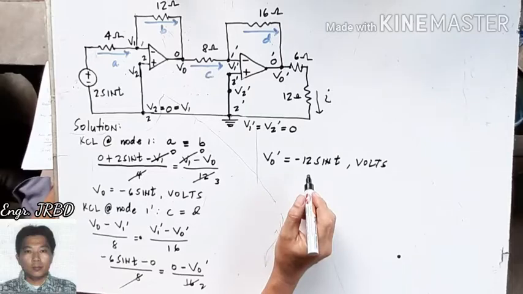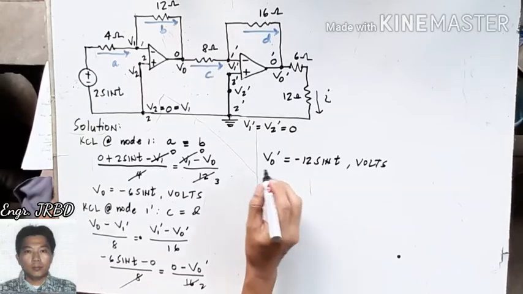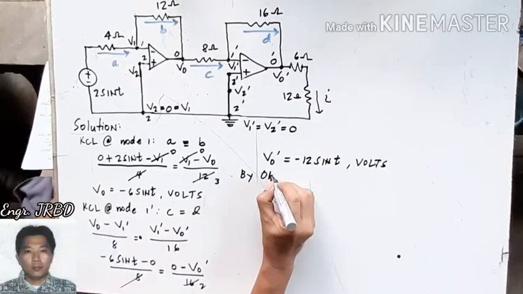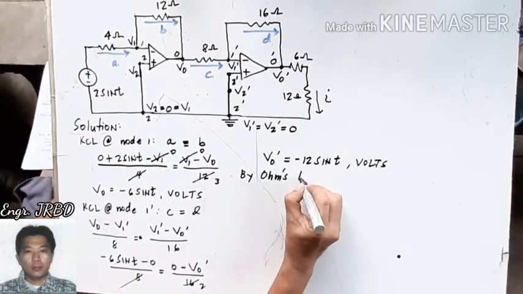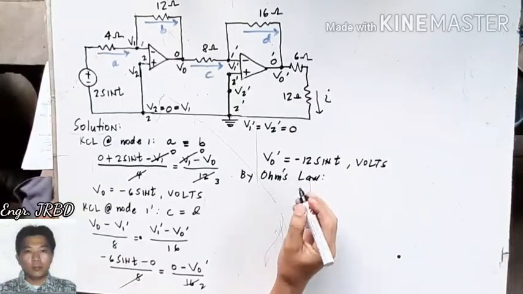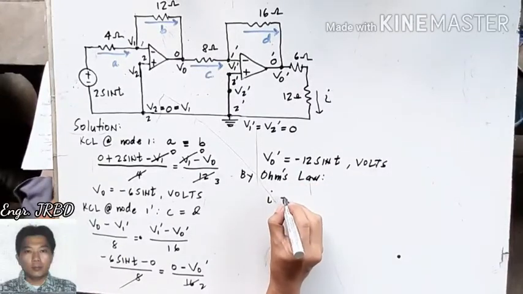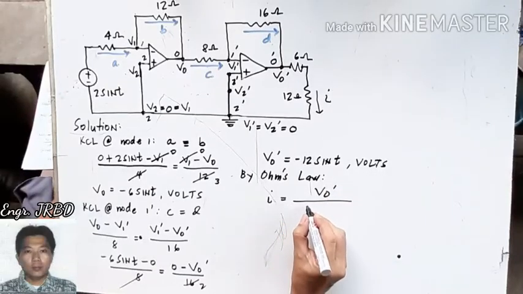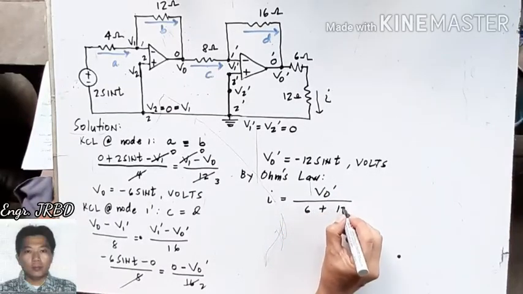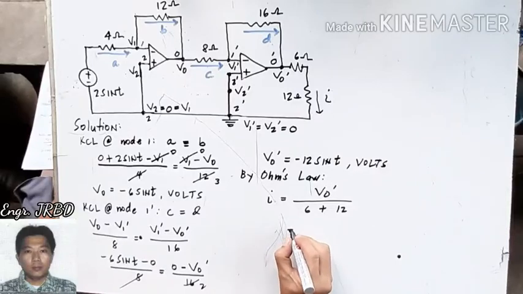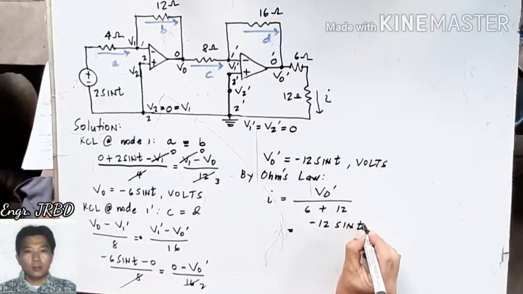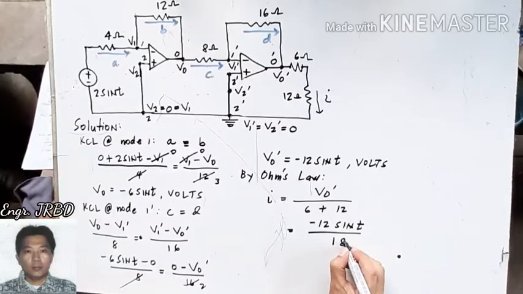How do we find I? You just have to apply Ohm's law. By Ohm's law, I is equivalent to V sub O prime divided by 6 plus 12, or negative 12 sine t all over 18.